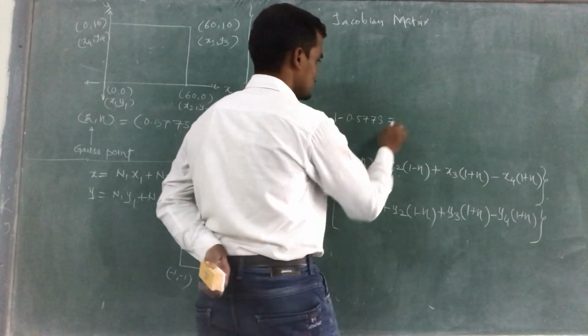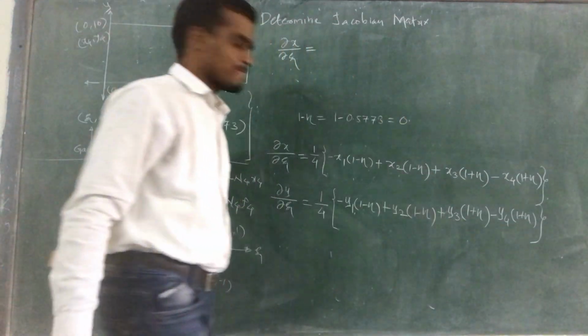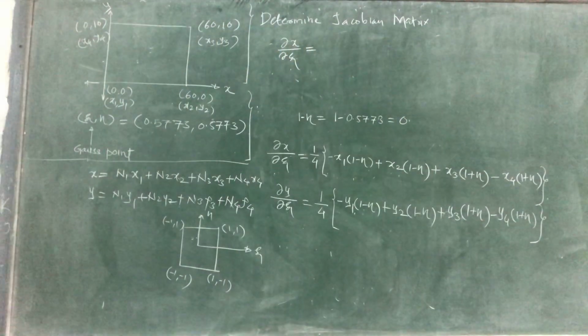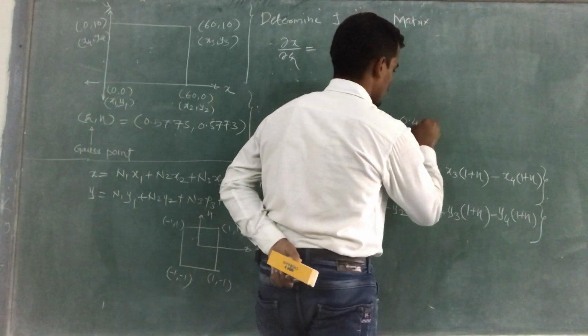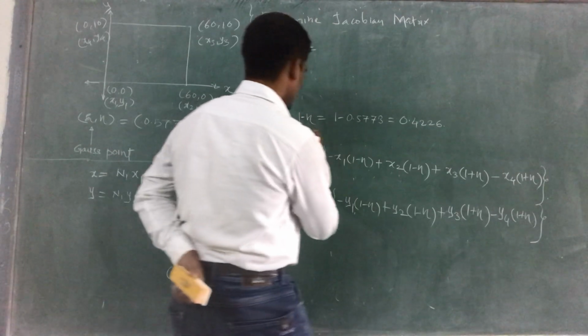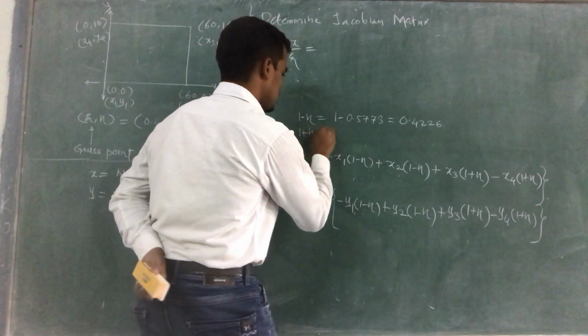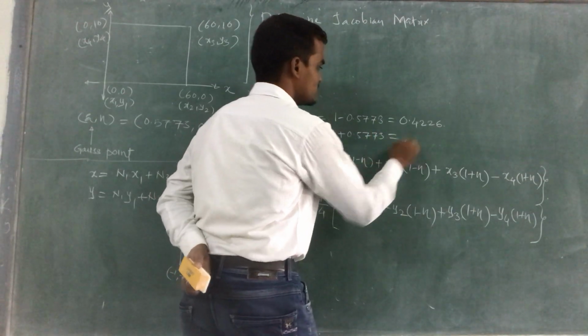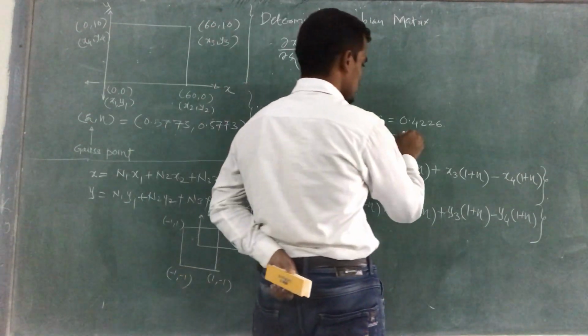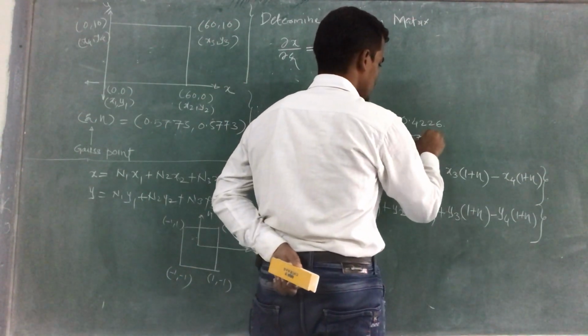So this will become equal to 0.4226. And if we take 1 + η, then it will become 1 + 0.577. For simplicity we are doing this. So it will become 1.577.